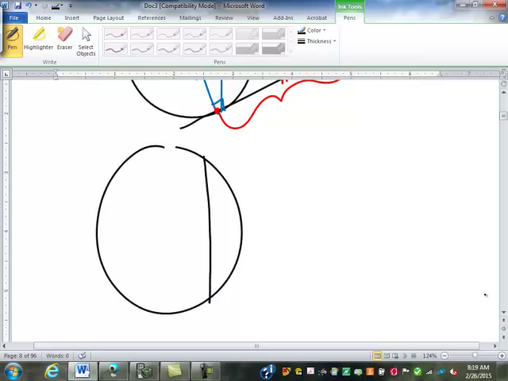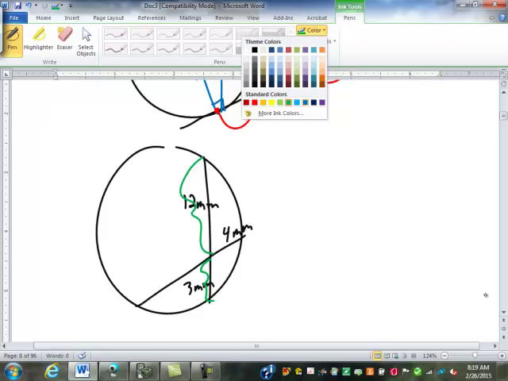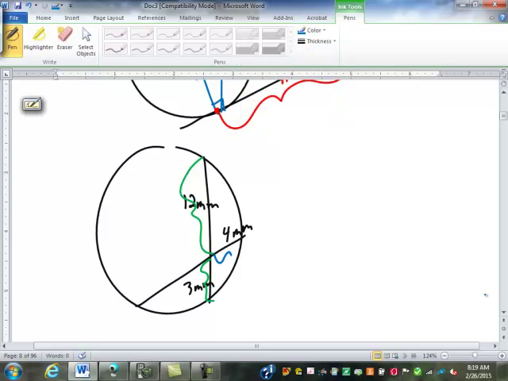Last thing I want to show you, then we'll give you the homework and we'll discuss this more on Tuesday or on Monday. If we have two chords within a circle, they intersect each other, and you can see they cut each other into two pieces. So this chord is cut into 12 millimeters and 3 millimeters. This chord over here, this piece is 4 millimeters.